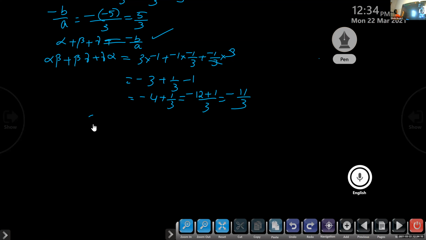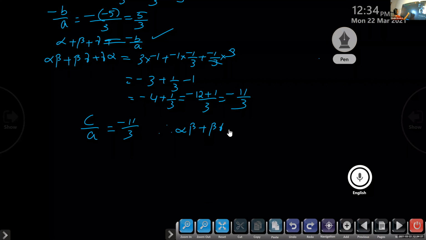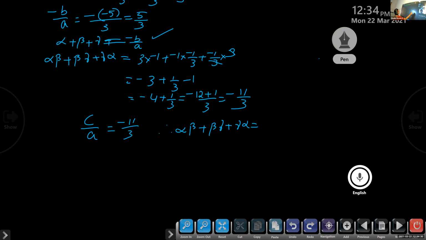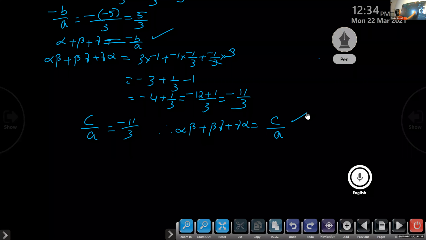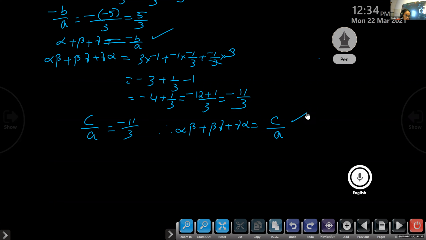C is minus 11, so minus 11 by 3. Therefore, alpha beta plus beta gamma plus gamma alpha is C by A. Second relation also verified.